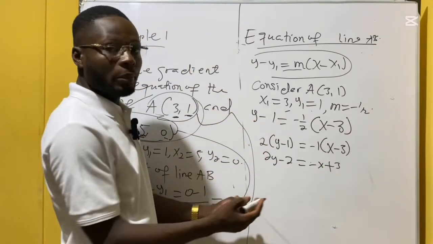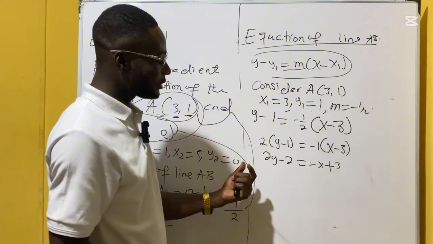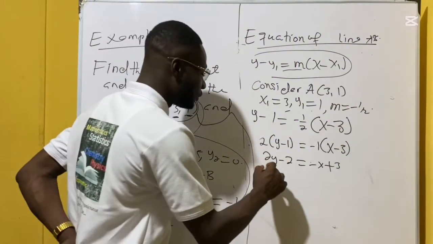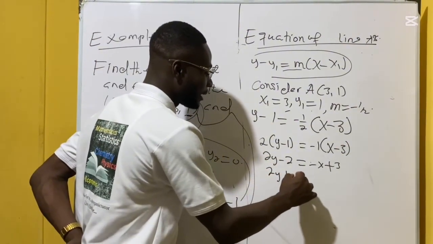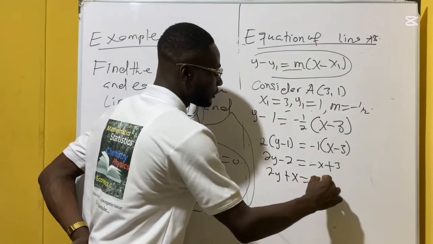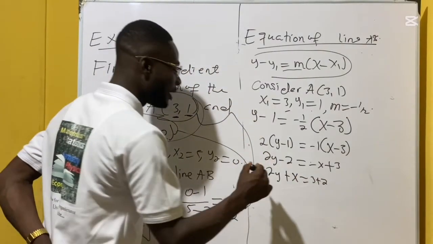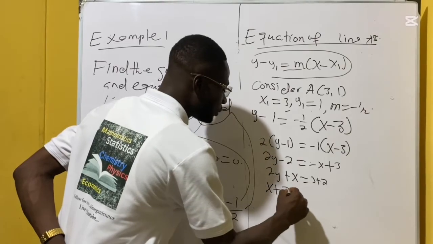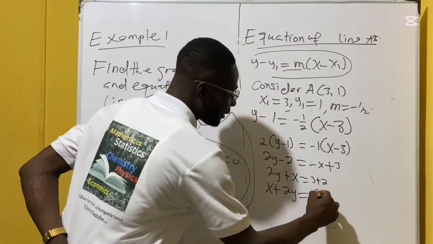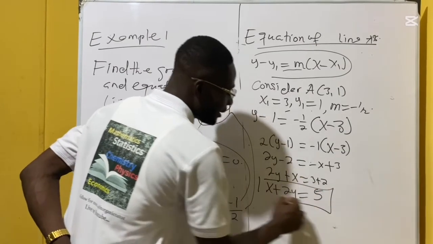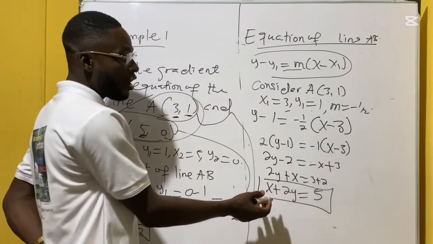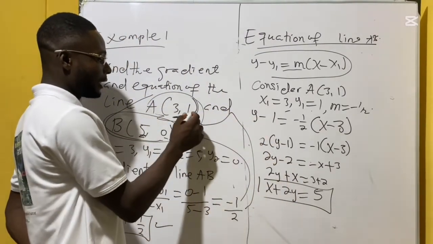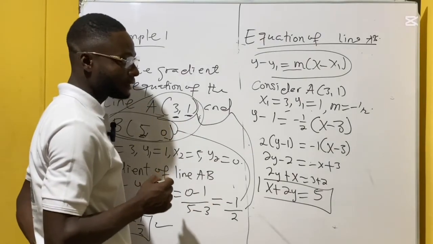So making the change of subject, we're going to have 2y plus x equals 3 plus 2. So we're going to have x plus 2y equals 5. And that is the equation of the line AB, right?